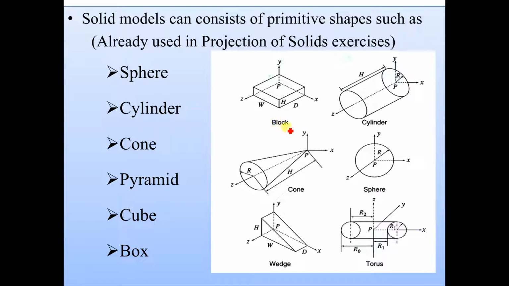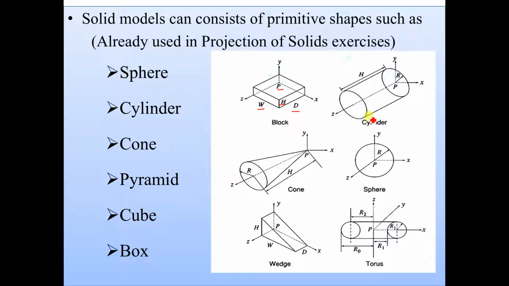In AutoCAD we use the command called box. For this block, the geometrical data is its width W, height H, and depth D, and the point P defines the origin X, Y, Z of the block.